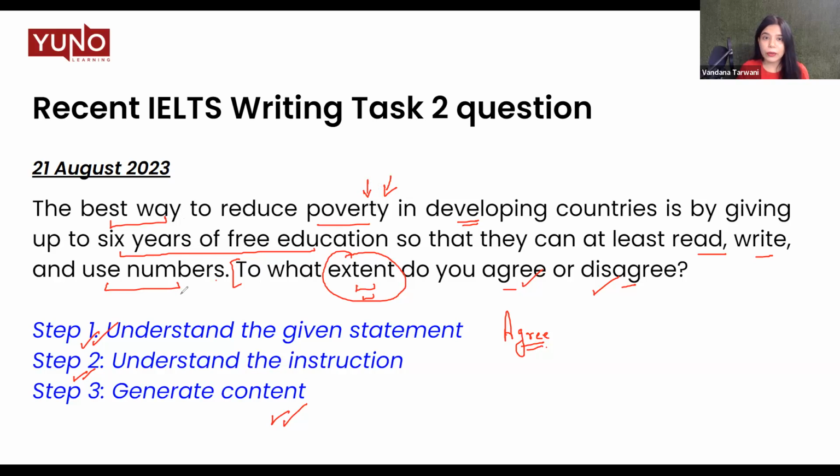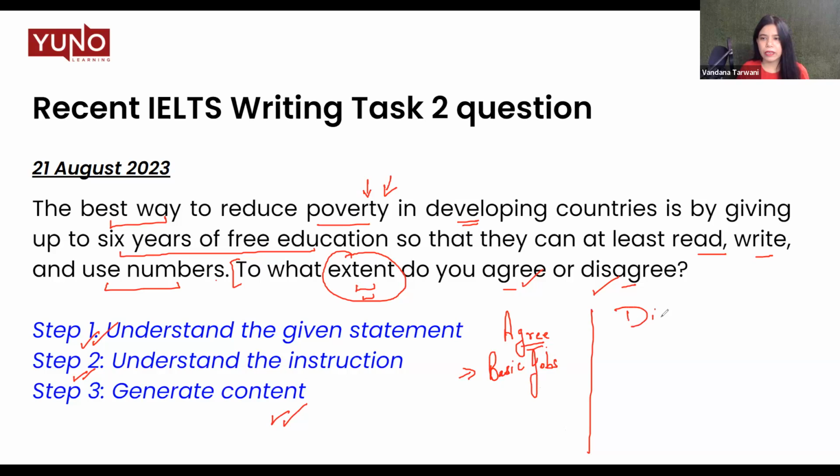Now, are we agreeing that this is actually the best way? Let's see if we have good content. If 6 years of free education is provided to people for free in developing countries, can poverty be reduced? Well, if I agree, I would say they can at least get basic jobs. That's it.